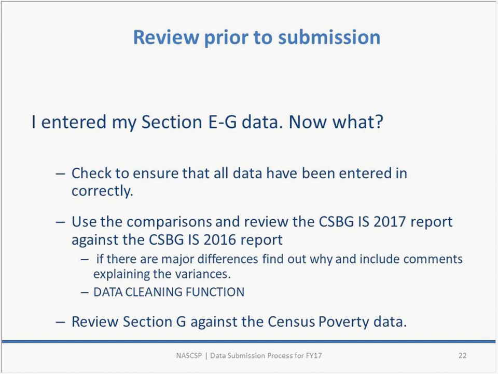If there are major differences, you can include a note in the comments section. I'm also going to take you through the data cleaning function later in the webinar. Another thing that you can do to check data is to review Section G against census poverty data to ensure that your numbers are reasonable to the overall state of poverty in your state.